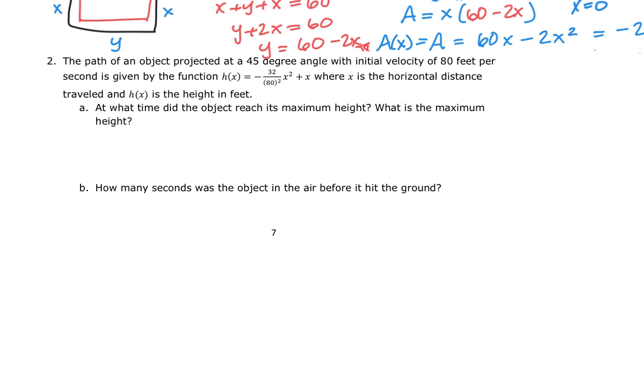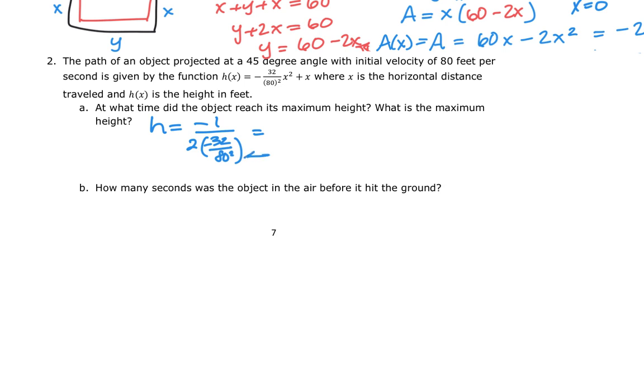So at what time? The h part is going to be negative b, so negative 1 over 2 multiplied by the k, or the a part, which is 32 over 80 squared. And I'm going to rewrite this: the double negatives will cancel themselves out.